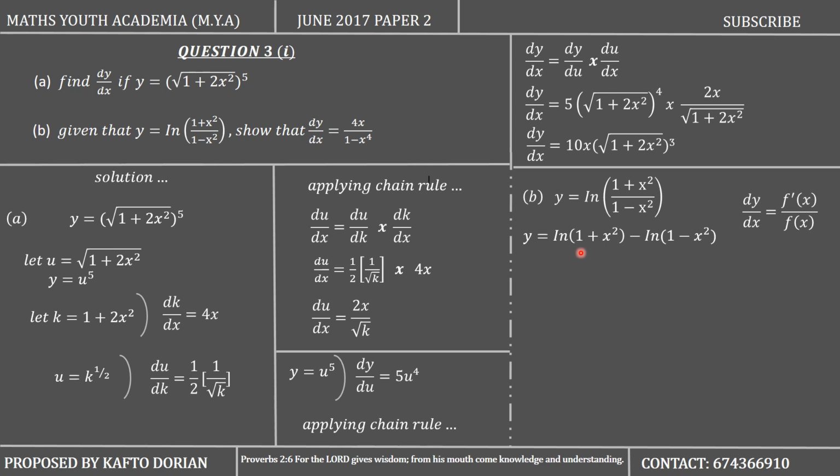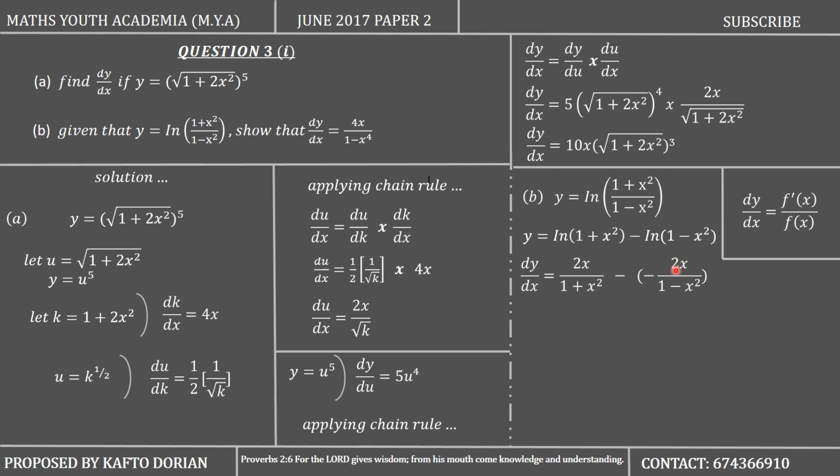By differentiating this function, you will be using the idea of you differentiate the function and you divide by the function. Okay, dy on dx is simply what? We differentiate this particular function, which is 2x, we divide by the function, minus we differentiate the function, which is what?